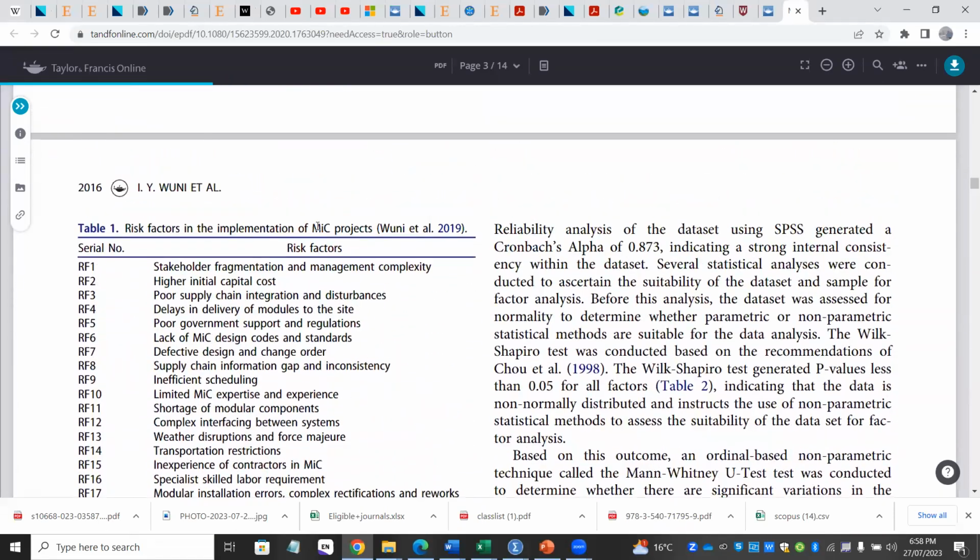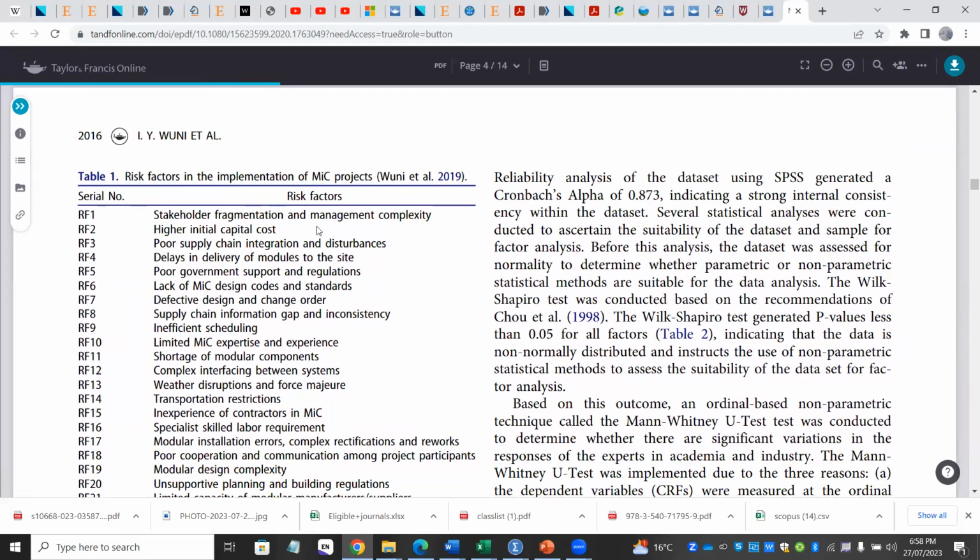So what do you do next? The next thing you have to do is determine the normality of the data set, because once you determine the normality, it will guide you to choose the statistical tool you use to analyze the data, especially where you want to compare. I mean, you are undertaking a study where there are groups, samples for groups.